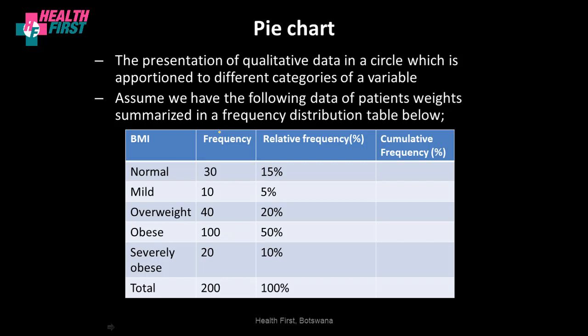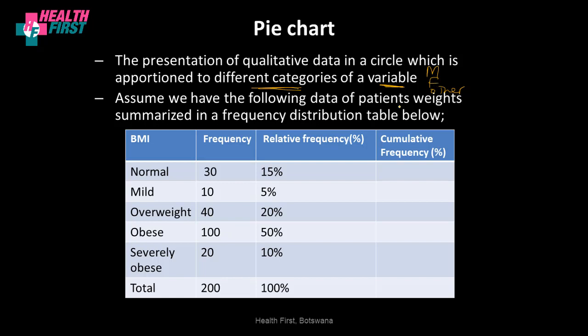So a pie chart is the presentation of qualitative data in a circle, which is apportioned to different categories of a variable. If you are dealing with the variable gender, you may apportion it to male, female, and other, as an example. So you'd have 3 categories within your pie chart.